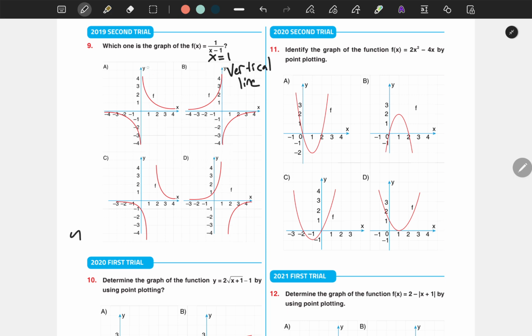When I draw the line from the 1, is it touching the graph? Yes, this one is eliminated. If I draw the line from the 1, is it touching the graph? Yes, eliminated. But when you look at the D, if I draw it, it's not touching, isn't it? From the C, if I draw it, it's not touching, isn't it? So it means that it should be either C or D.